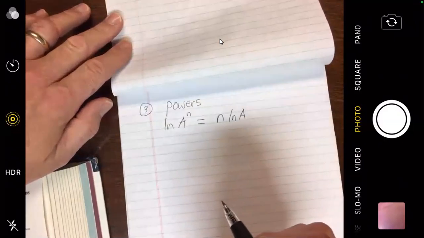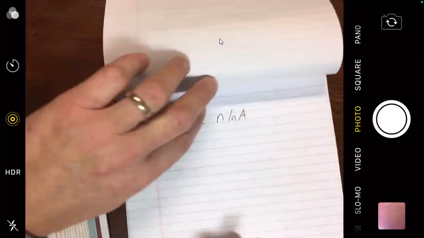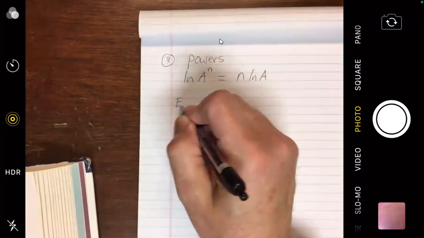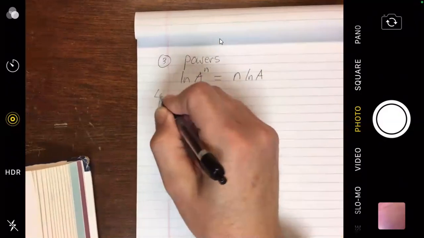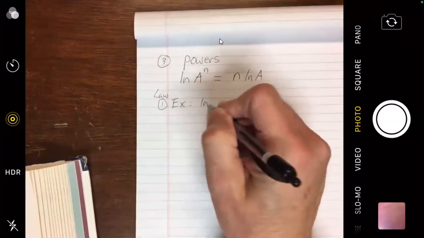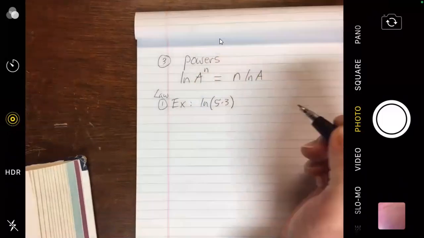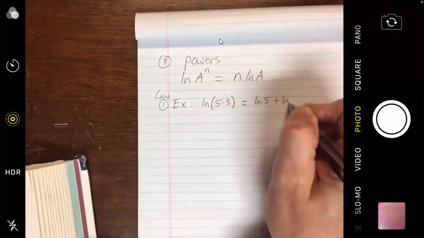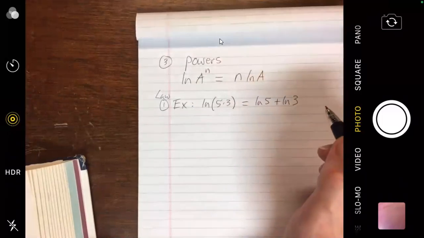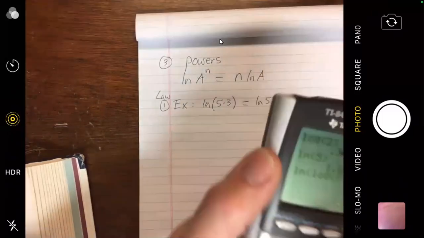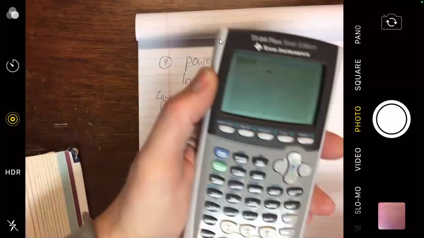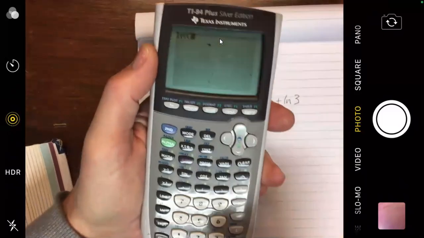I could punch out some of these with numbers. Maybe I should just do one of them to remind everyone. I hope everybody's seen this. For example, law 1. If I took an ln of 5 times 3, I would get an ln of 5 add an ln of 3. So I can punch the left side as ln of 5 times 3, or ln of 15.